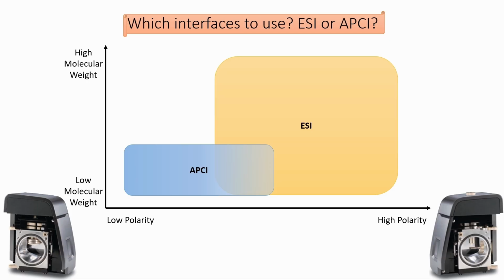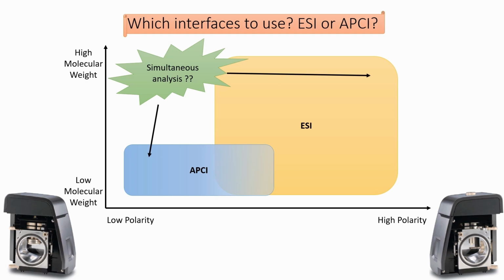In general, ESI is the most commonly used interface for LCMS, as it can ionize most of the analytes. In cases where the target analyte is not easily ionized by the ESI interface, the APCI interface can be an alternative solution.